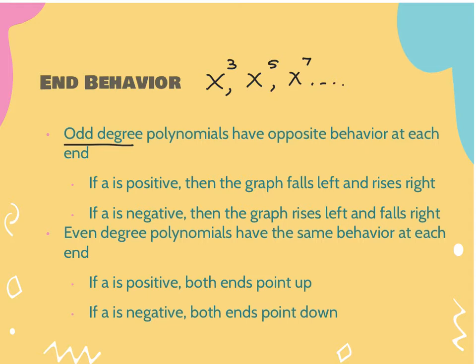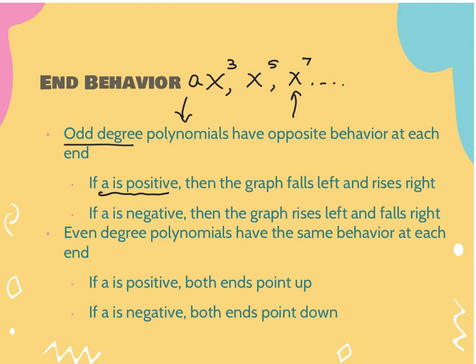So when this number in front, this a, is a positive number, then the graph on the left side is going to fall. And on the right of our graph, it's going to rise. So it's going in opposite directions. And we're going to see what this means.